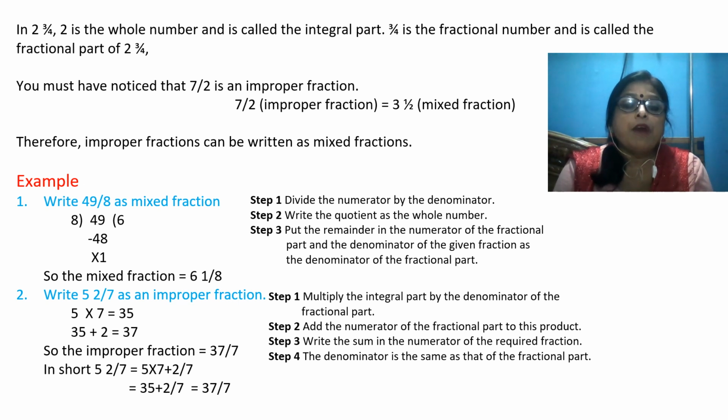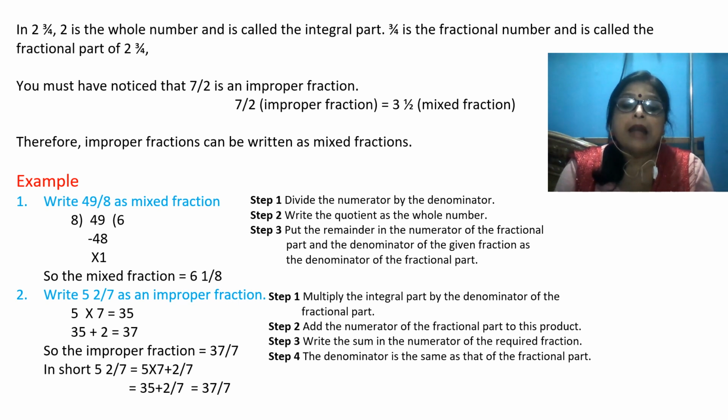Next one, 5 whole number 2 by 7 as an improper fraction. You have to change the mixed number into an improper fraction. So the first step: multiply the integral part with the denominator, that is 5 into 7 equal to 35.